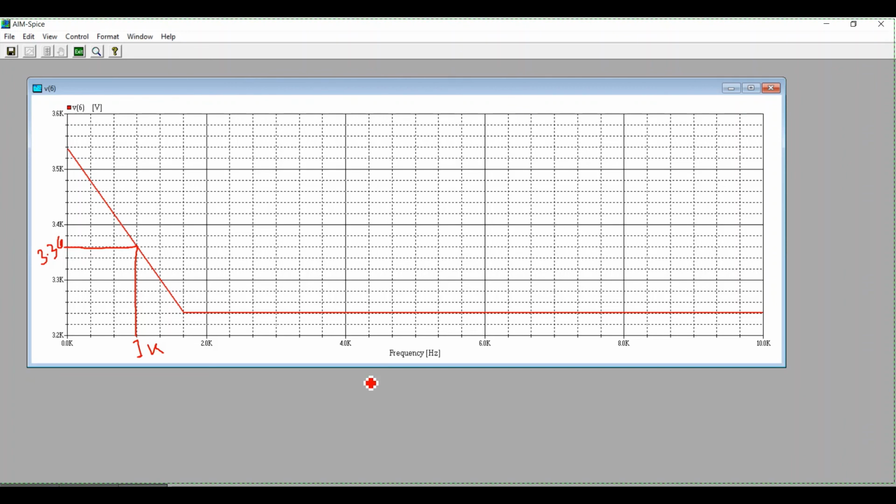Therefore Vo, which is equal to V6, is equal to 3.36K.